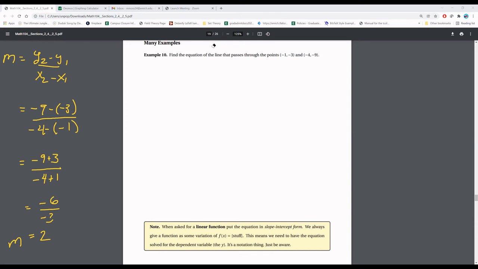Because it's relatively new, let's try out point-slope. It says y minus y1 is m times x minus x1. I have another choice to make, which point to use. For no particular reason, I'll just grab this one.